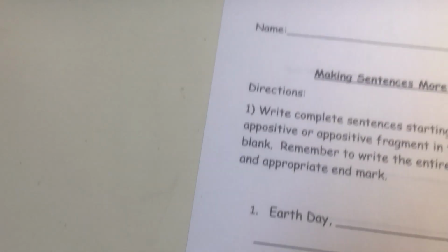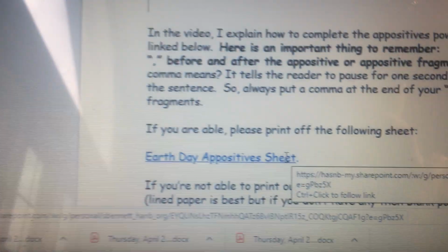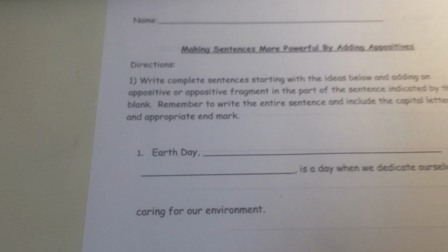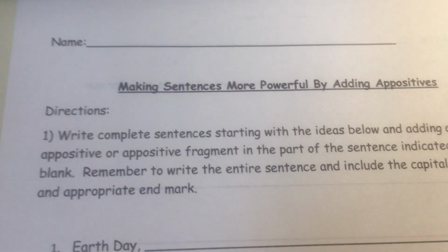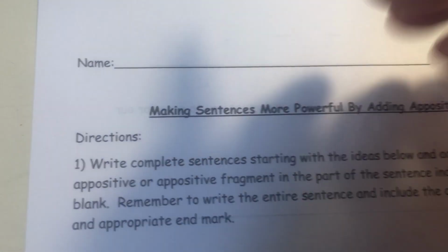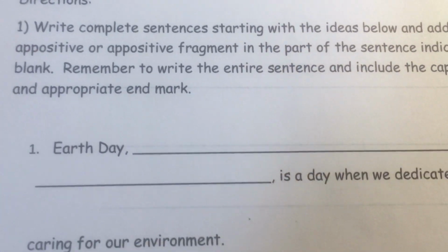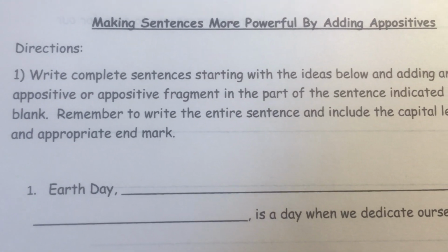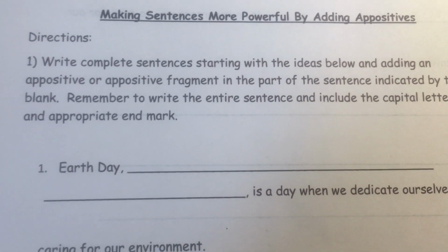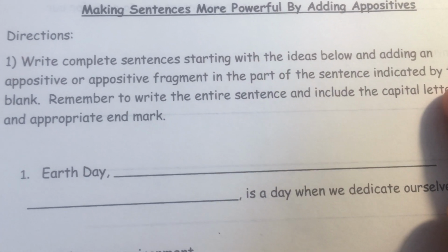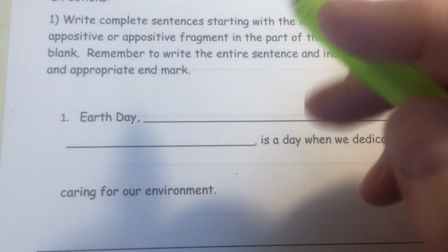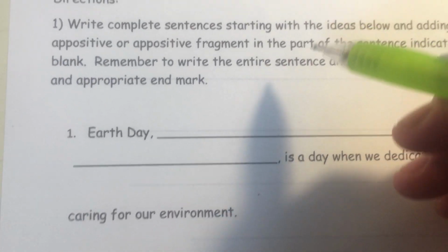If you take a look at today's lesson, on the Earth Day appositives sheet, you will get a paper that looks like this. Please write your name and number at the top, and the directions say to write complete sentences with the ideas below, adding an appositive, or appositive fragment, in the part of the sentence indicated by the blank.